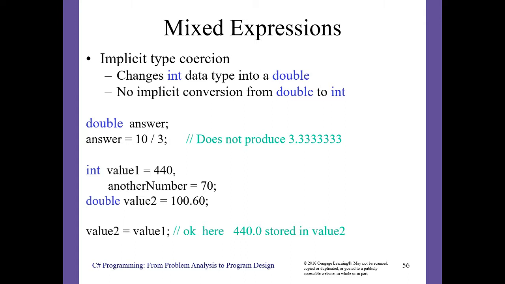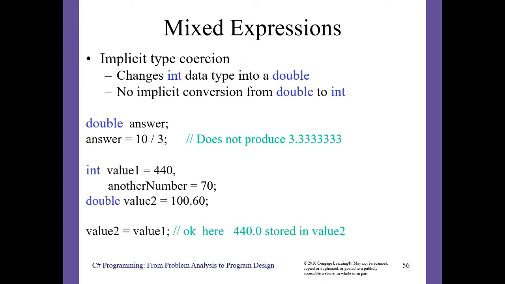Now here's some information that's really important to us. When we're working with different types of data, C# can automatically or implicitly change our data types for us, but sometimes it's not what we want, and sometimes we can't have that happen implicitly. So for example, it's really easy to change an integer into a double, right?